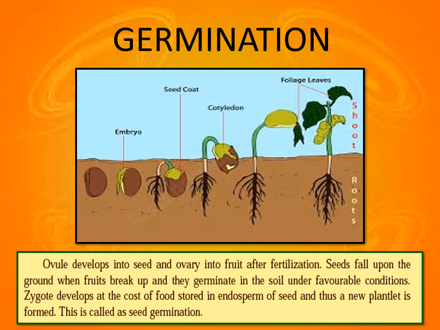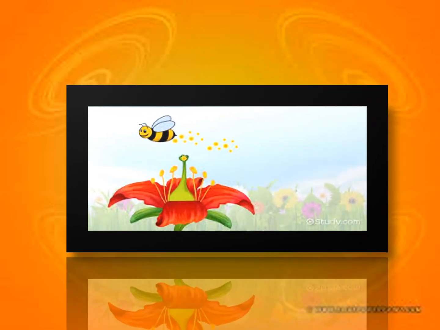When it grows, then these seeds fall off and a plant is formed. This process is called seed germination. This was the process of sexual reproduction in plants.